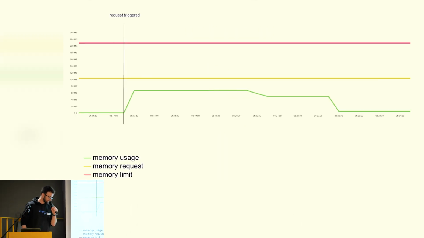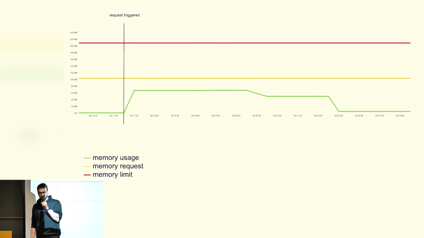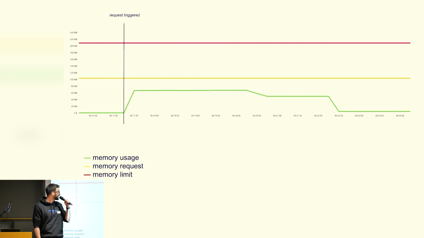And I fired some requests. From the business point of view, it seemed to be working fine. But then I checked Grafana and the memory consumption graph, and I was a bit surprised. So what's happening here? The line in the middle is the memory request.